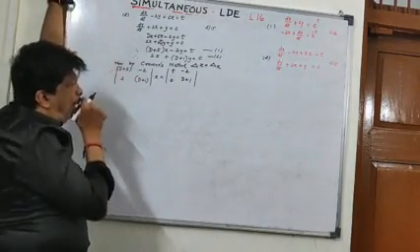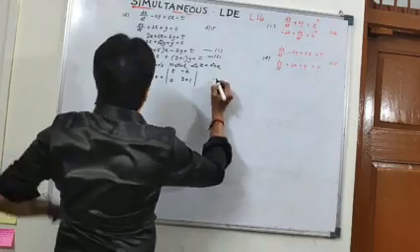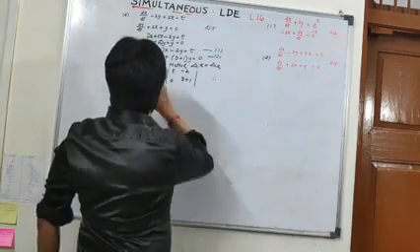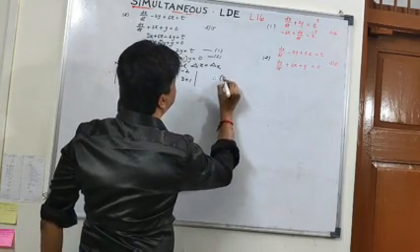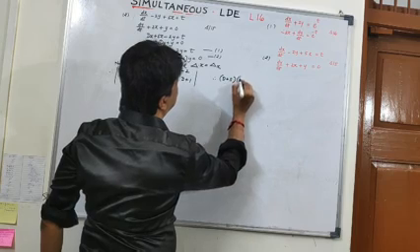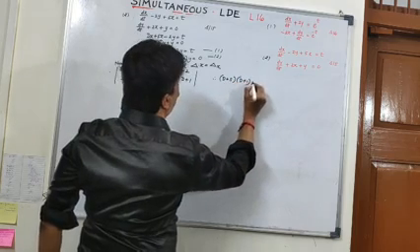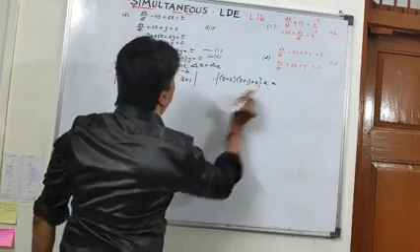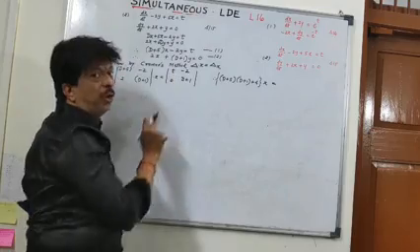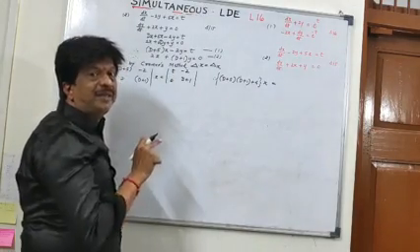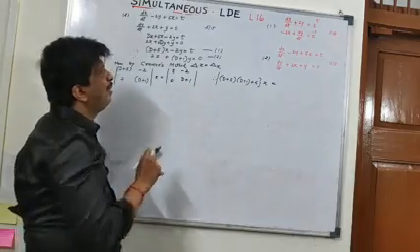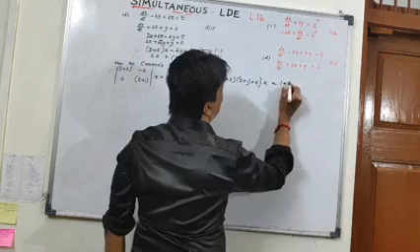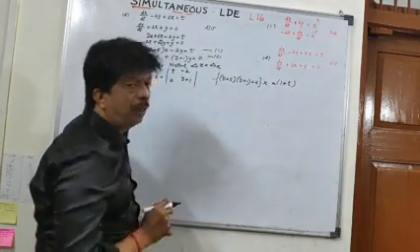I am rewriting here because my whiteboard is not lengthy, it is broad. (D + 5)(D + 1) + 4, in brackets, into x equal to the right hand side determinant, t into (D + 1), D of t means d/dt of t, it is 1, 1 into t is t, so it is 1 + t.